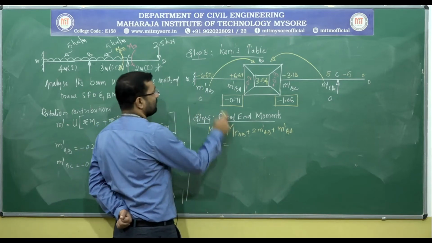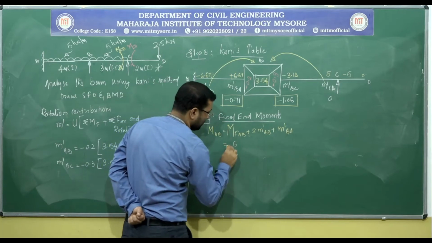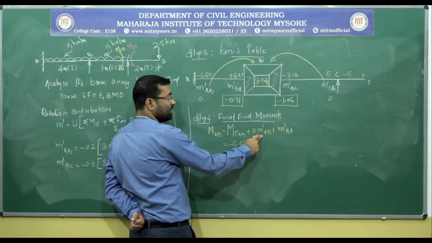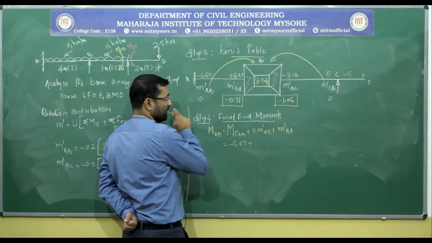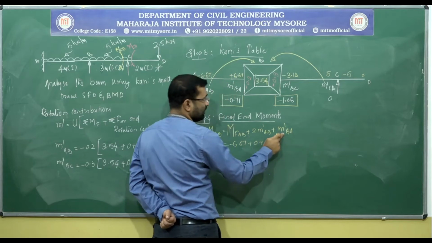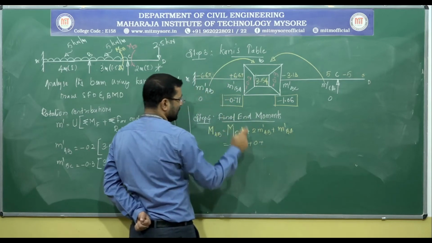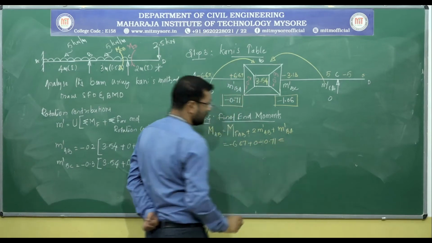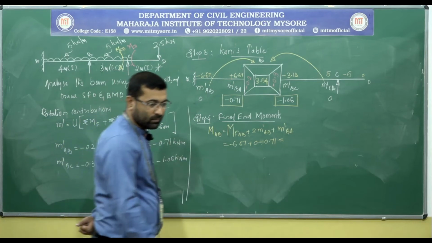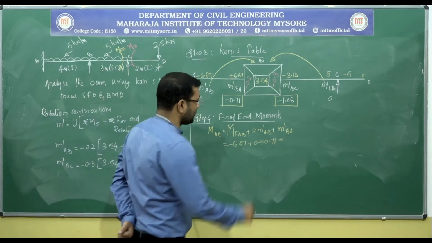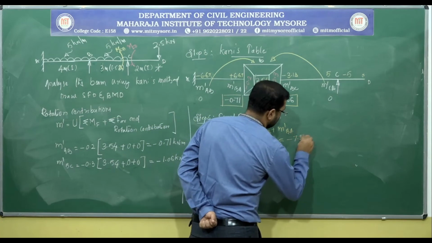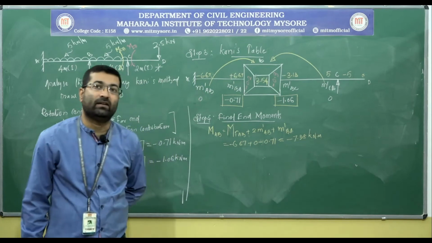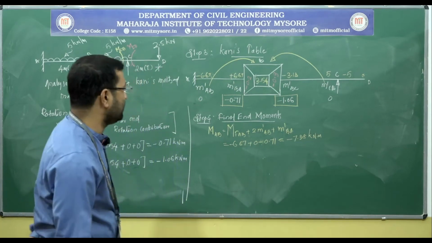So the fixed end moment is minus 6.67, plus the near end rotation contribution, which is 0, plus the far end rotation contribution, which is minus 0.71, which gives you minus 7.38 kilonewton meter as the final end moment MAB.